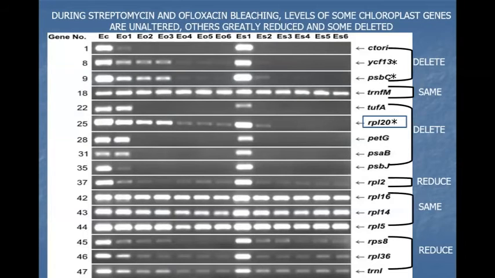Okay, what we find when we look at the chloroplast genome during the process of bleaching, either ofloxacin or streptomycin, which appears to be more effective, is 3 effects. We see a deletion, certain genes become undetectable. We see a lessening in the amount, but surprisingly, some show no appreciable change in distribution. Okay, this is approximately half of the genome. We see one rather anomalous finding.